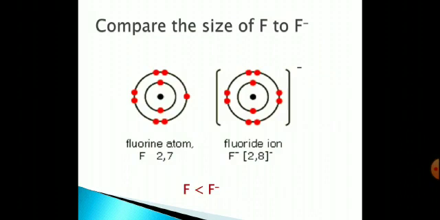So the total force of attraction gets distributed among the electrons. So every electron experiences slightly lesser attraction. Due to that, in anion, the attraction of the nucleus is less. The electrons can move slightly away and therefore the size of the anion is usually larger than the neutral atom.